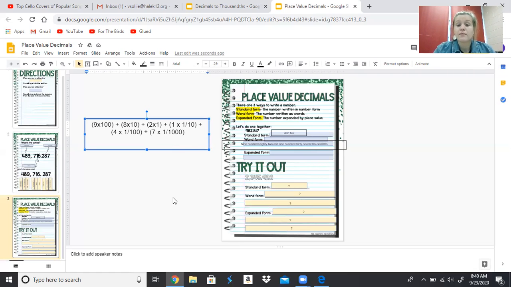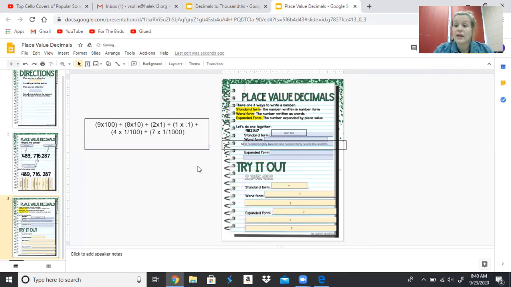So like you see here, the next number in 982 and 147 thousandths is 1, and it is in the tenths place. Tenths as a fraction is 1 over 10. If you do not like the fraction form, you can also put 1 times 0.1. Okay, 1 times 0.1 or 1 times 1 over 10 are the same thing, whichever makes more sense to you. Plus, what's that next number? 4. And what place is it in?